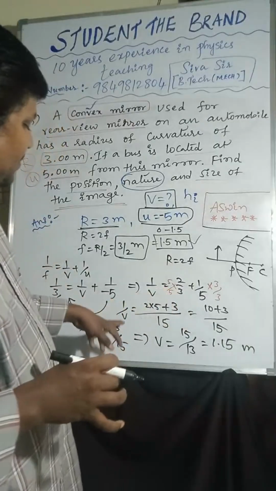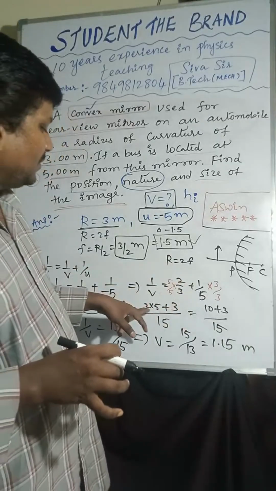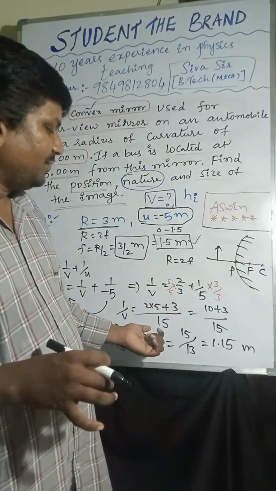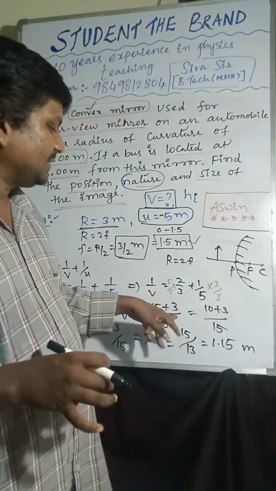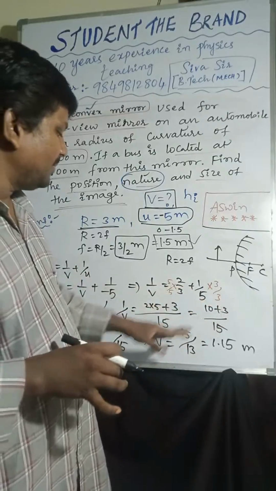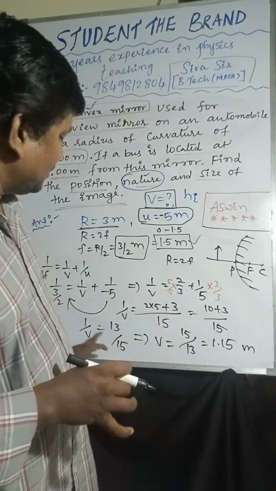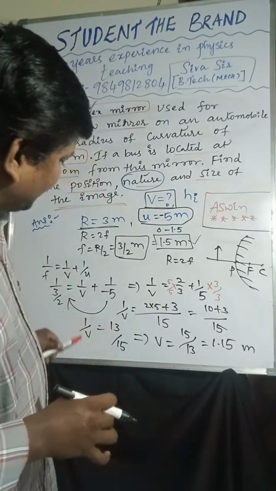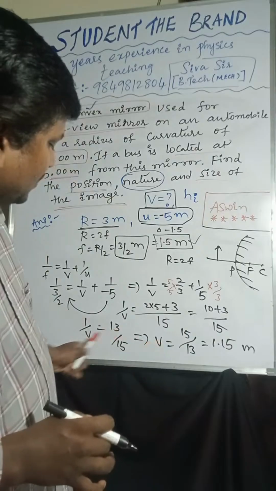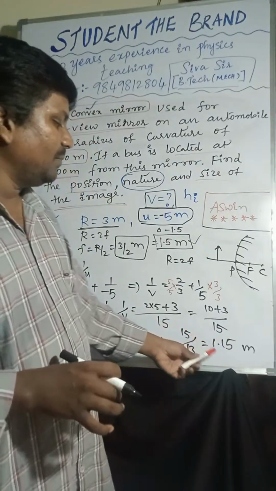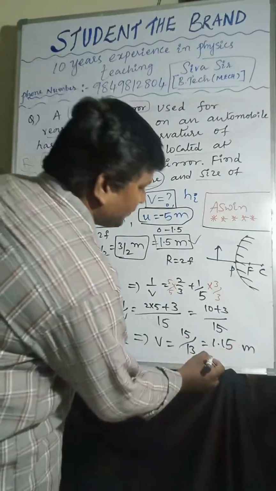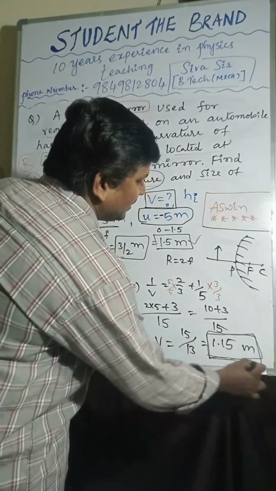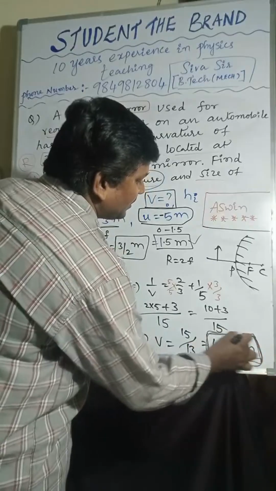So 1 by v equal to 2 into 5 plus 1 into 3. 3 5 is 15, 2 5 is 10, plus 3, by 15. So 13 by 15. 1 by v equal to 13 by 15, so v equal to 15 by 13, nothing but 1.15. Now verify whether you are getting it correct or not.